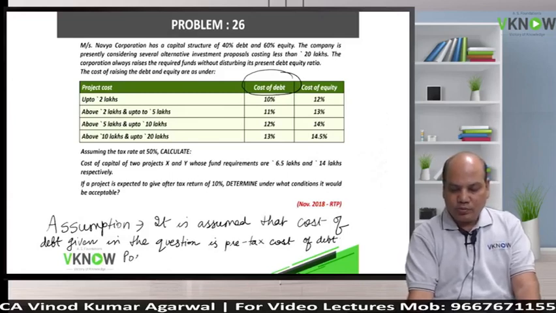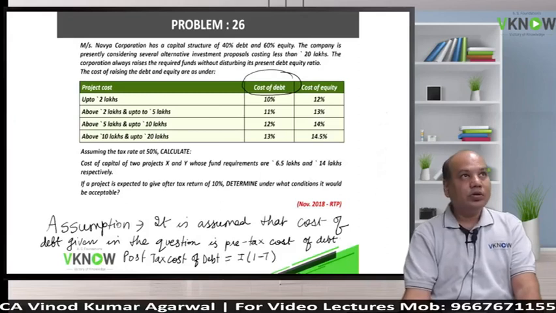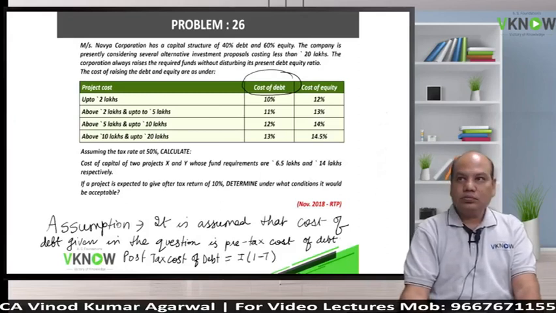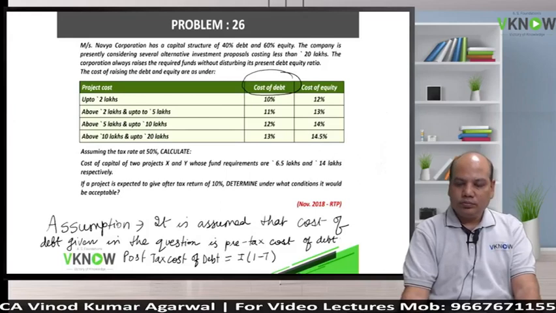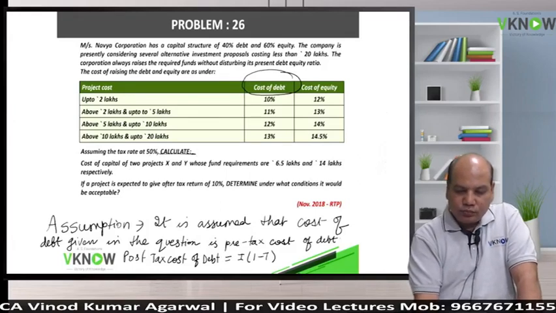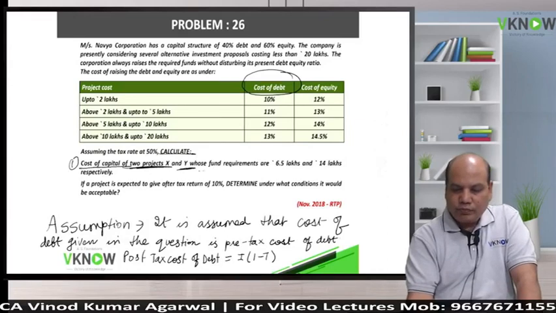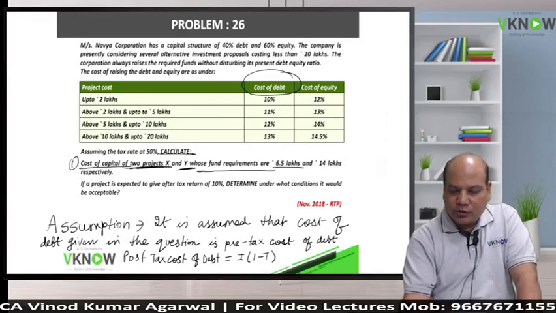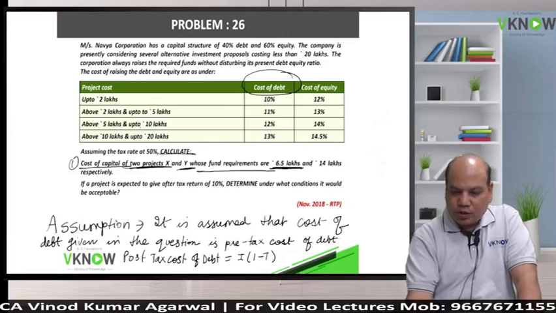Then write below: post-tax cost of debt is equal to I into 1 minus T. Okay. Now read the question further. Calculate. First question is cost of capital of two projects X and Y whose funds requirements are 6.5 lakh. So 6.5 lakh means it will fall in the third slab.